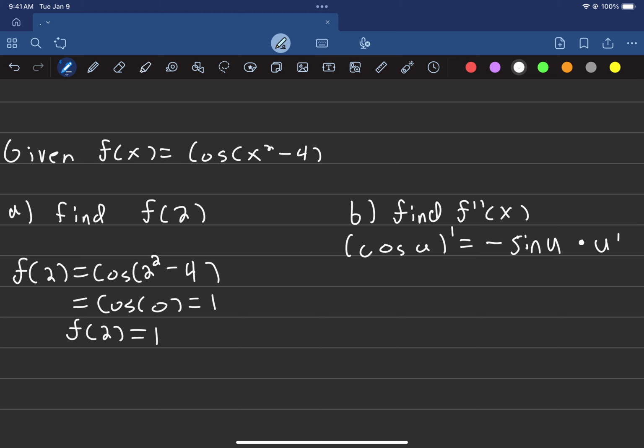So we can find that in this case, u is equal to x squared minus 4. So this leads us to u prime being 2x.